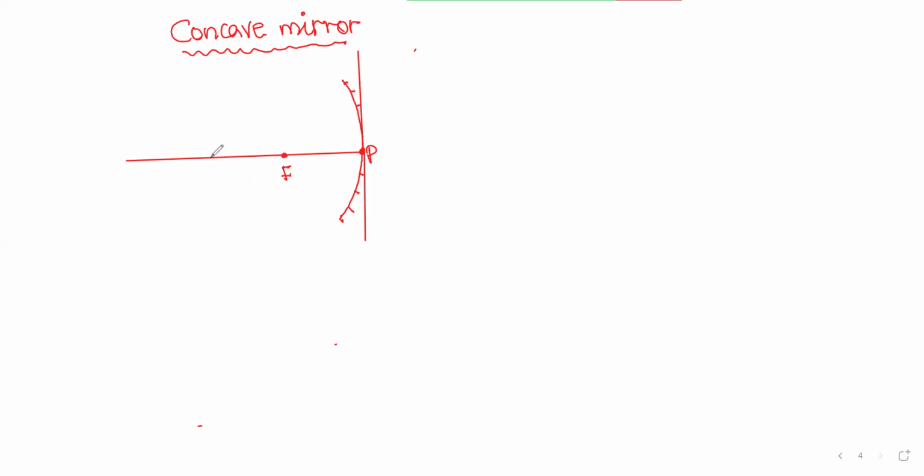The same distance must be measured from F to C. This rule is super important. If you don't do that, it would affect the position of your image. So if this is 5, this must also be 5.